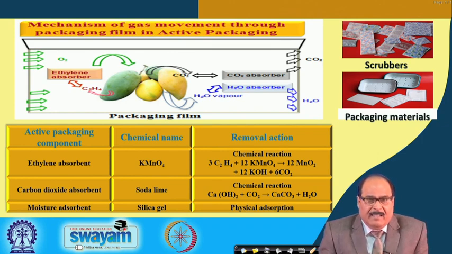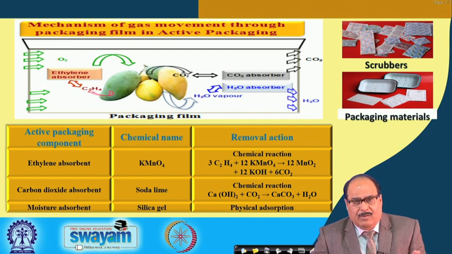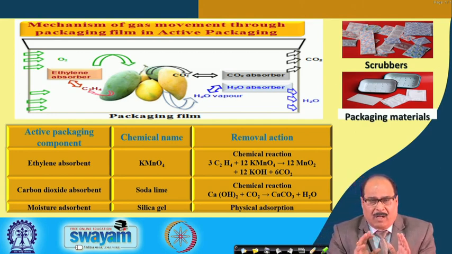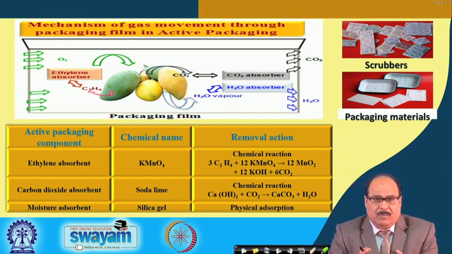But in the case of active packaging, we try to use some active agents to get the desired concentration of gases, or to manipulate the gaseous composition inside the package to the desired level.